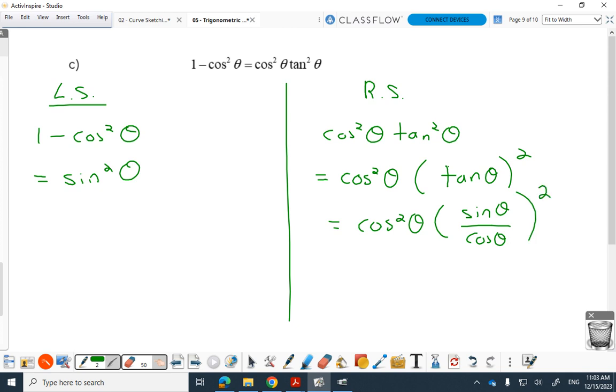And exponent laws tell me I can go ahead and square the top and the bottom. He says it's over 1, so they cancel out. Actually, he gave all the information you need. If you're good at fractions, being good at fractions and being good at trig fractions can be a slightly different thing.